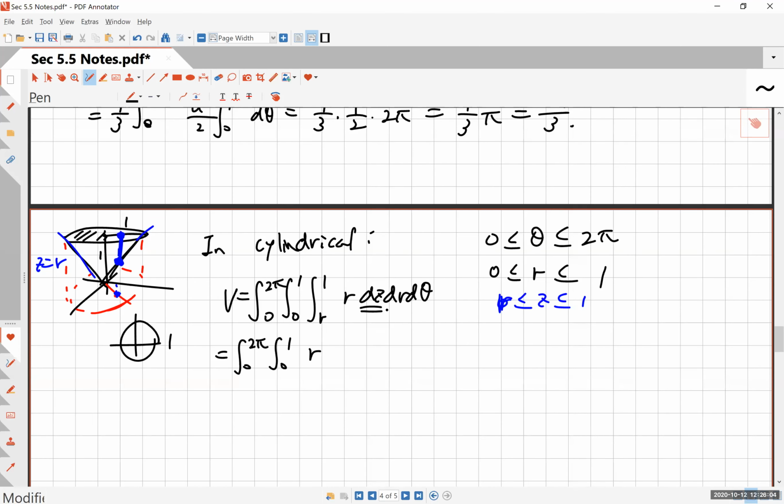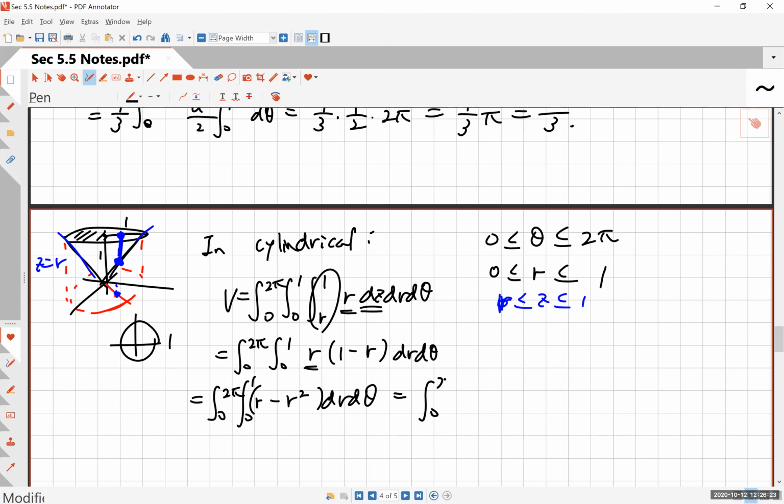When you do dz, there's nothing here, so it just becomes 1 minus r, that's these numbers. r is already still here, and it's not going to go away, right? So this is r minus r squared. That's what you're integrating.